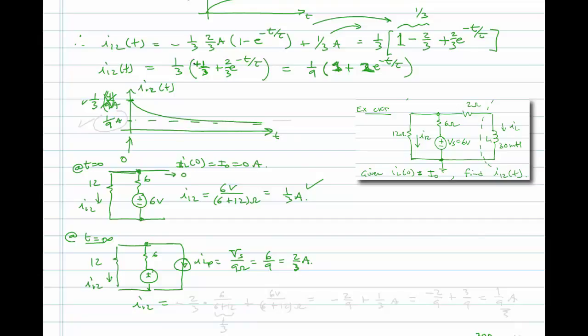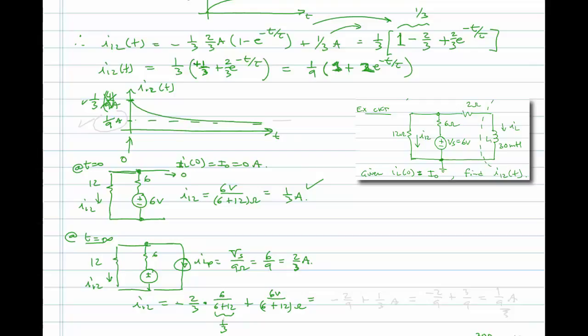We found this previously using superposition. It's going to be minus IL, which is minus 2/3, times 6 over 6 plus 12, 1/3, plus Vs, which is 6 volts, over 6 plus 12 ohms.